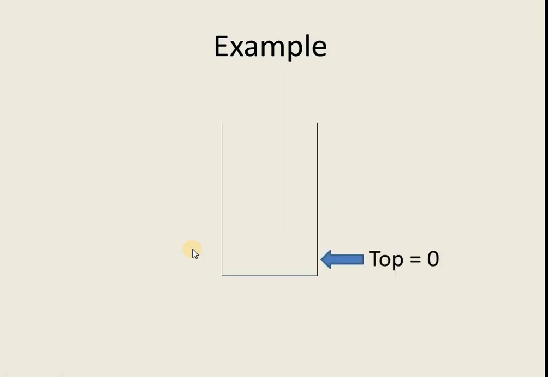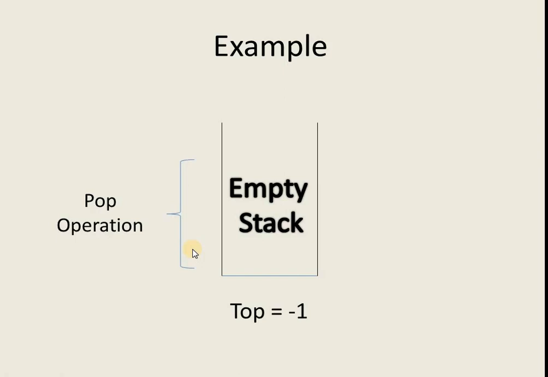There is only one element in the stack, and when we delete this element also, stack will become empty, top will become -1, and this deletion of elements from stack is called pop operation. So I hope it is clear how push and pop operation works.